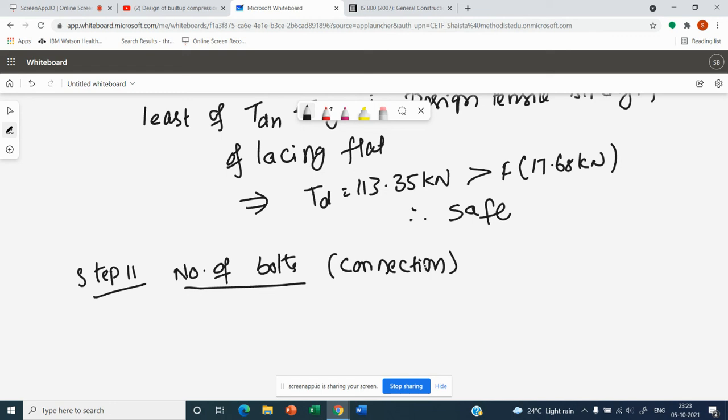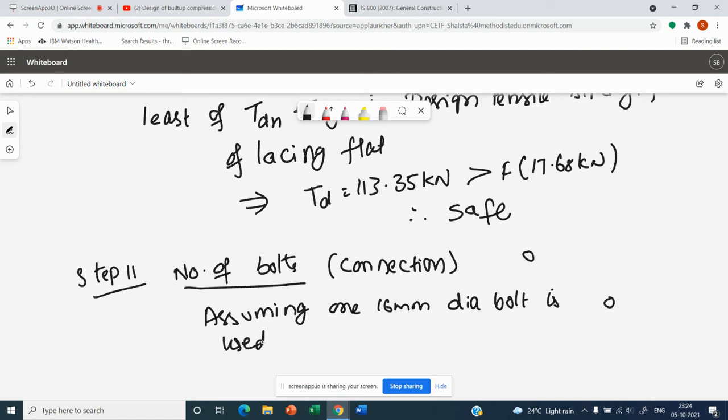Okay, so assuming that 16 mm diameter bolt is used in each end, like here one and here one. So one bolt is coming for each lacing. Okay, assuming one 16 diameter bolt is used to connect both the lacing flats.